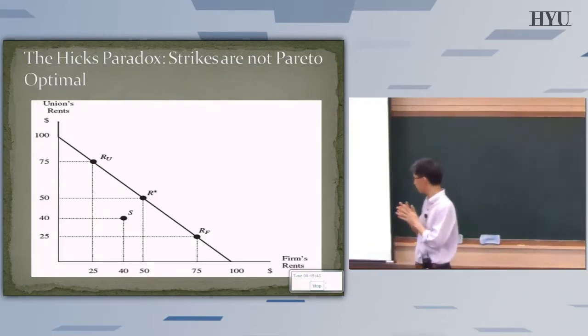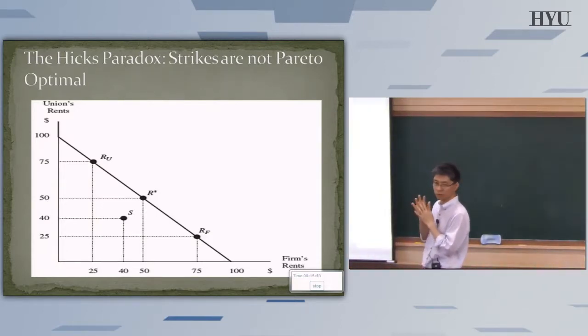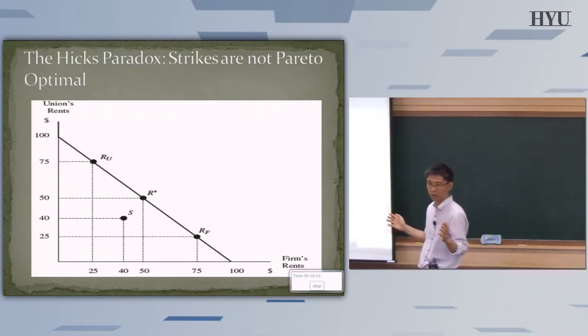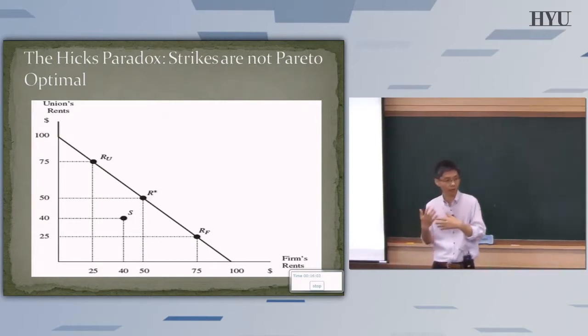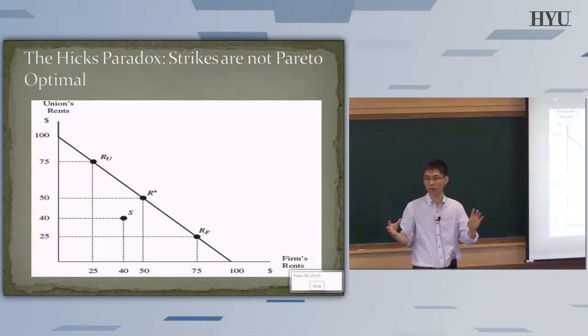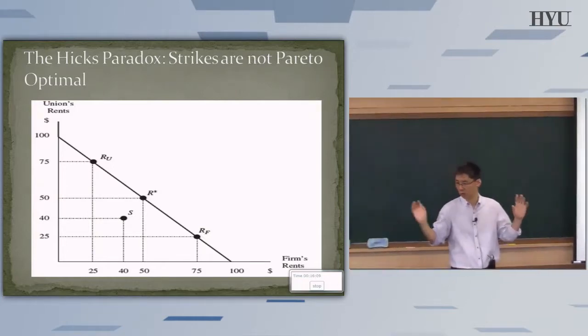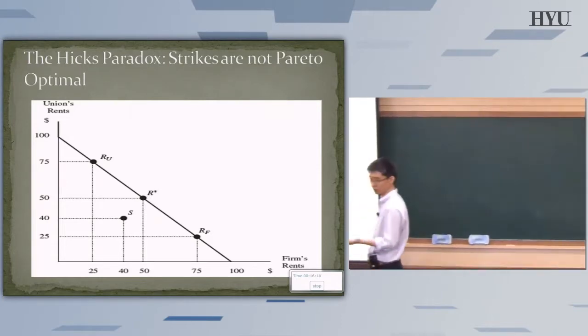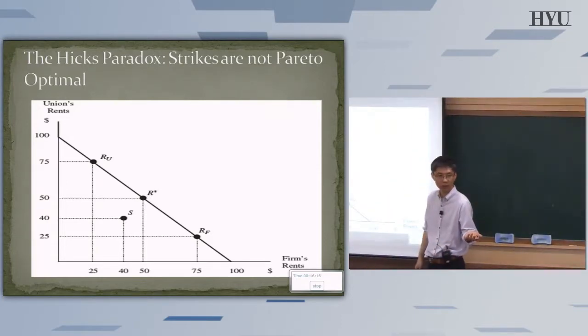Think of the union and the firm negotiating, bargaining over how much share they should get from the firm's rents. The firm has excess profit, and what they bargain over is how to divide this excess profit, or rent, between the union and the firm. So this is a zero-sum game. One side gets more, the other side loses more.